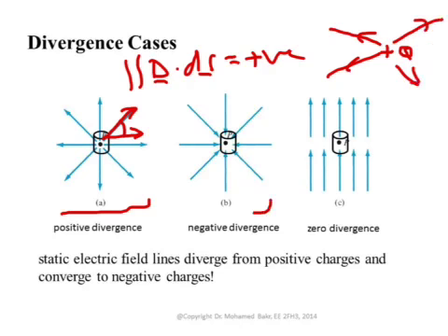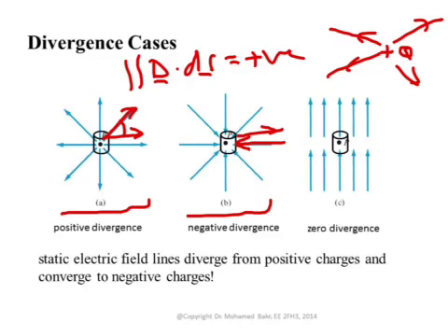The second figure, figure B, shows you a point where field lines are converging. Of course, if you try to calculate the integral of D dot dS, you will get a negative answer. Why? Because the field is flowing toward the surface while the normal to the surface is pointing in the opposite direction. So D dot dS will always give you a negative answer.